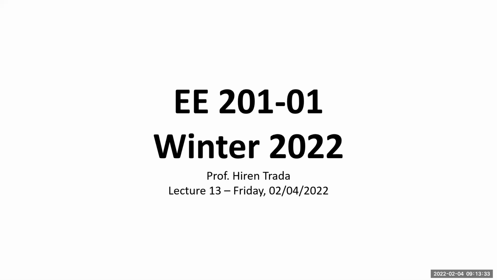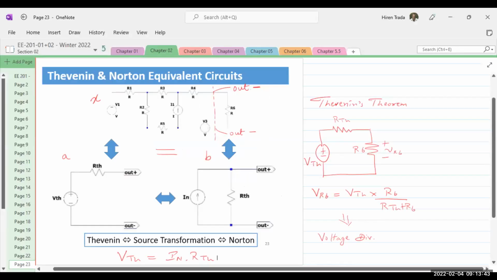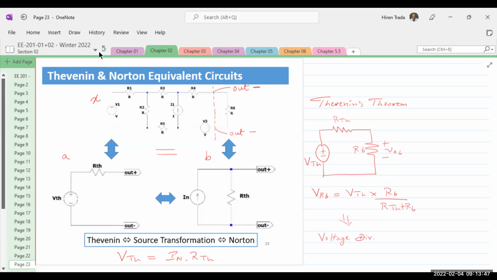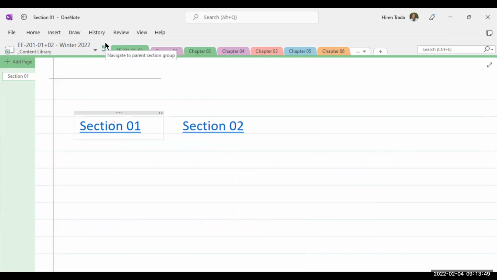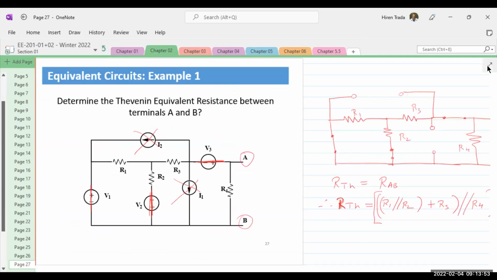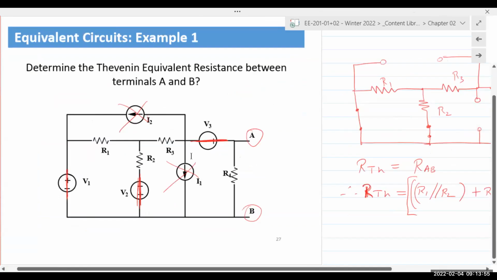Anyway, having said that, let's continue on where we stopped, and that was source transformation. So there was an example of source transformation that we needed to look at. And let's see, it should be in section 1. All right.